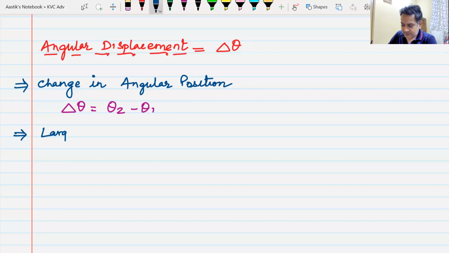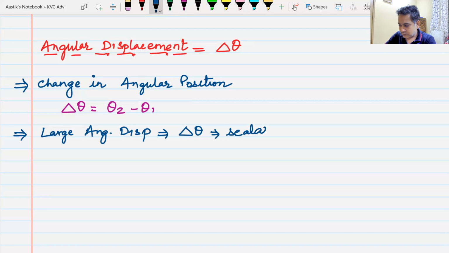Large angular displacement, and when I say large, I will represent it by delta theta. Whenever I say delta theta, this delta theta is a scalar. But if the angular displacement is very small, I write it as d theta.